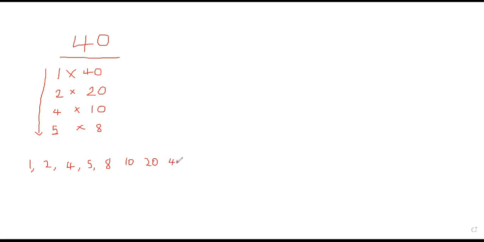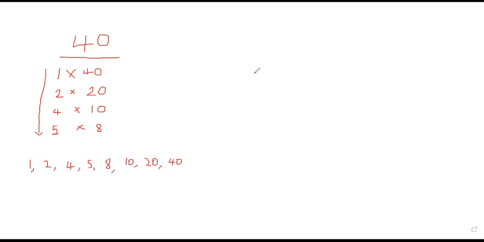So these are the factors of 40. This is how to generate factors of a number. Do not forget that you are meant to start in ascending order, so you start with smaller numbers going into the larger numbers, so that you don't make mistakes or skip digits.